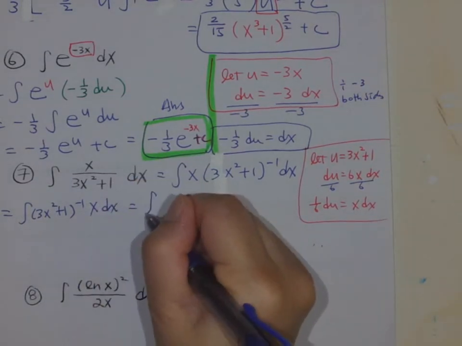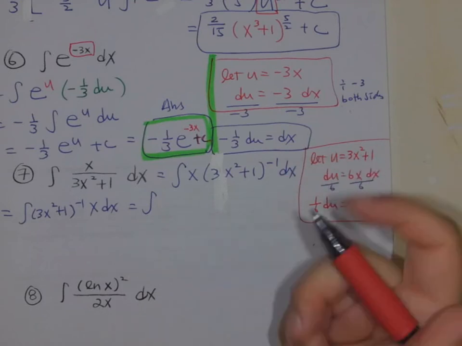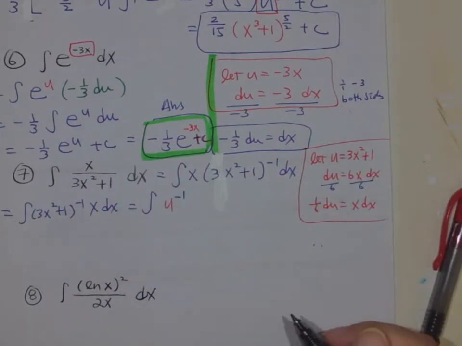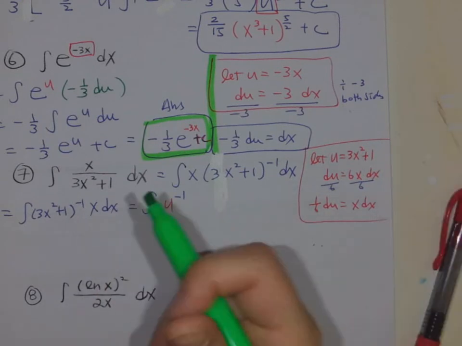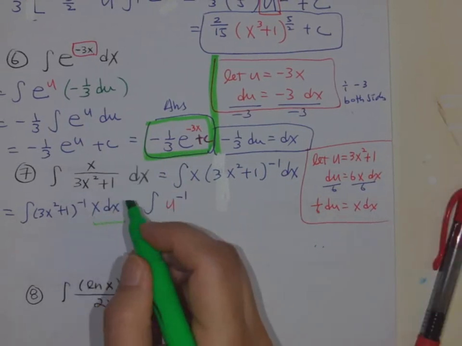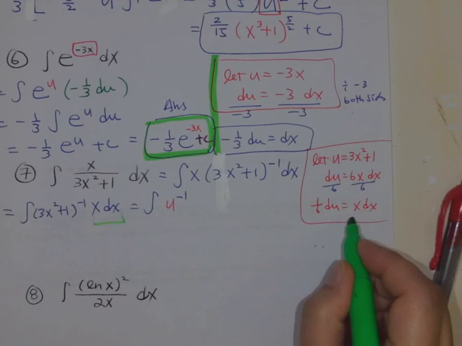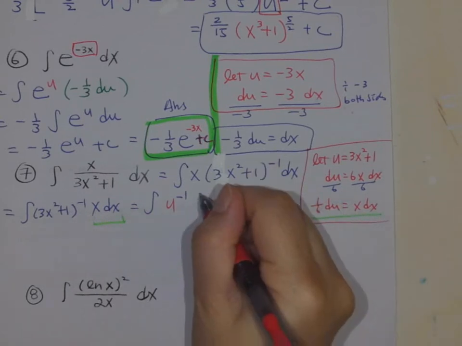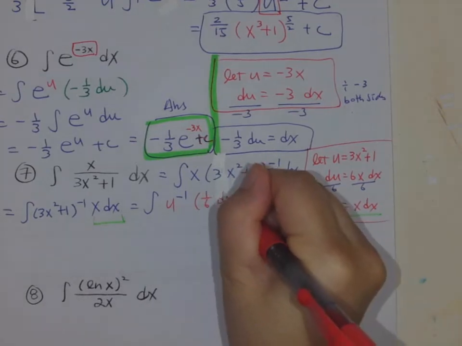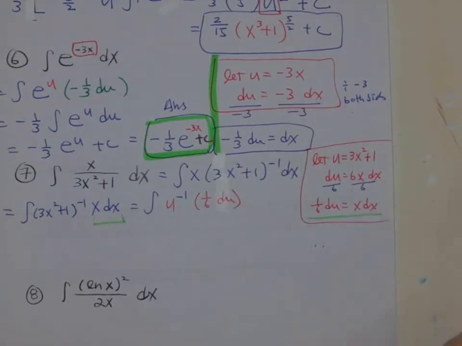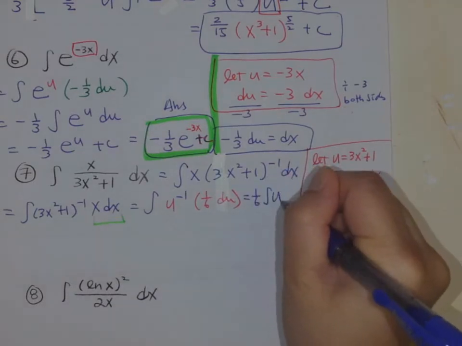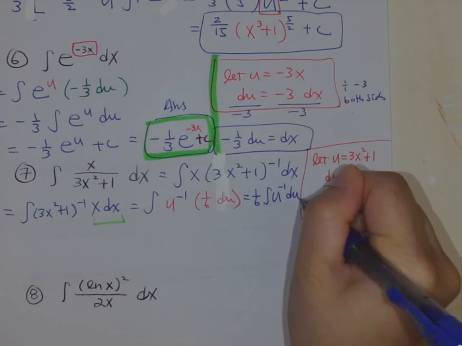So after I substitute, this would be u raised to negative 1 power, and then x dx is going to be this part, right? That's going to be 1/6 du. Alright, so the coefficient can pull out. 1/6 got out. We're taking integral of u negative 1 power du.